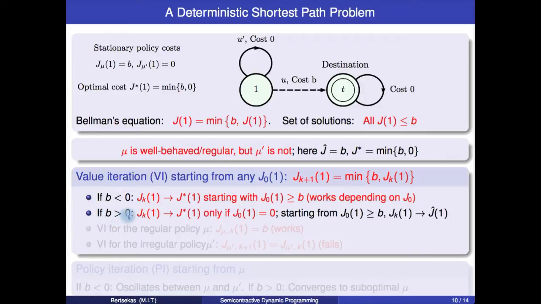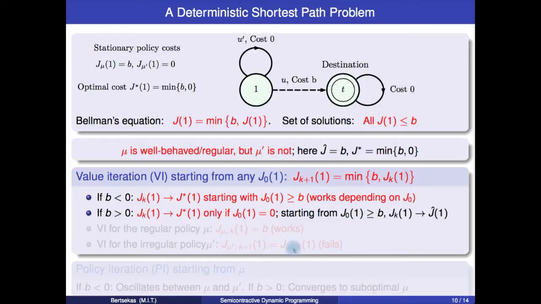Okay, so now let's consider the case where b is greater than 0, so it is optimal to spin around this self-cycle. Then, if you start value iteration from something above b, you can verify from this algorithm that value iteration will converge to J hat, which is b, and not J star.